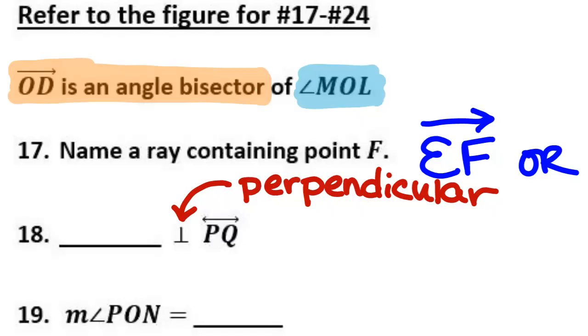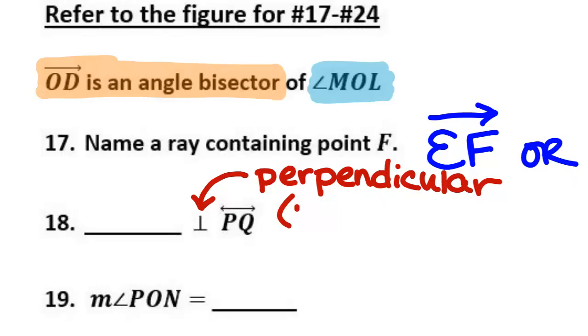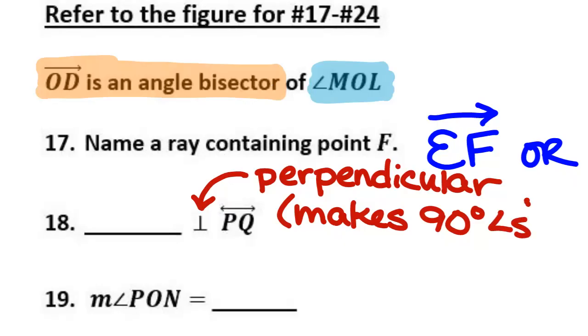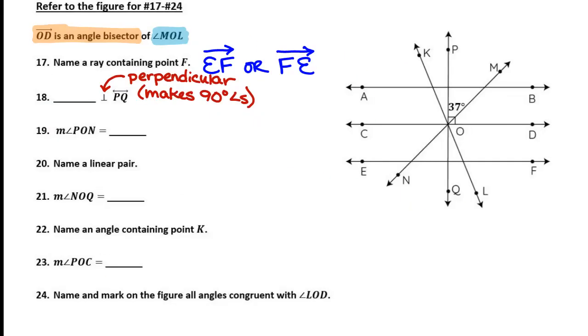It means that it makes right angles or 90-degree angles. So we know that one of those lines is PQ because they said that in the problem.